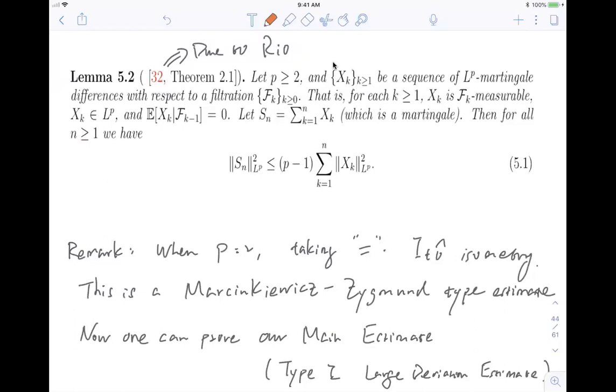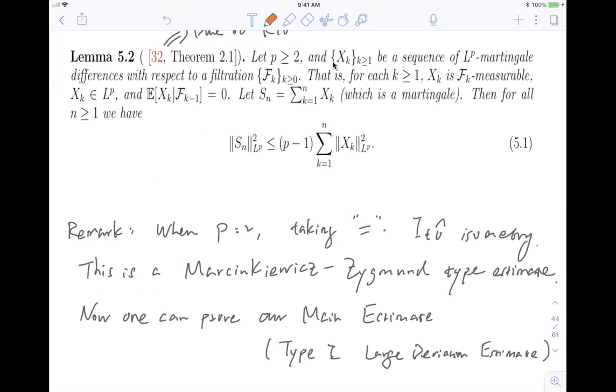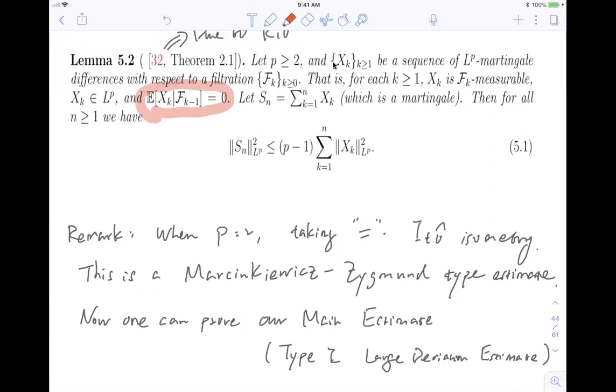If you condition on F_{k-1}, this assumption is crucial. If you condition on F_{k-1}, it's basically just the martingale. So I don't need to say anything. If you sum up the first n terms, you get a martingale. You satisfy all the martingale properties, and an L^p martingale is just L^p integrable.